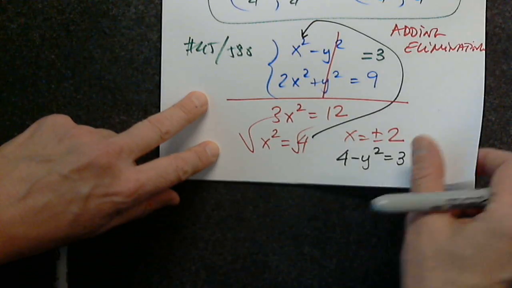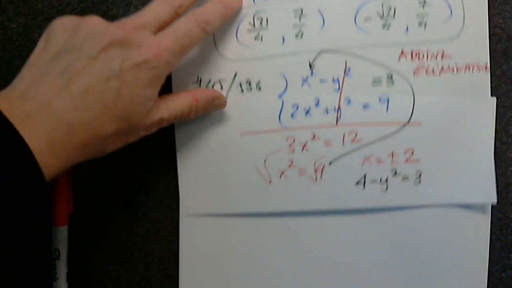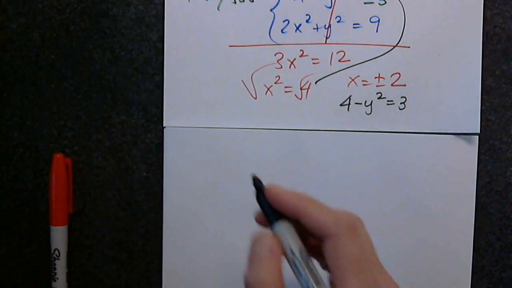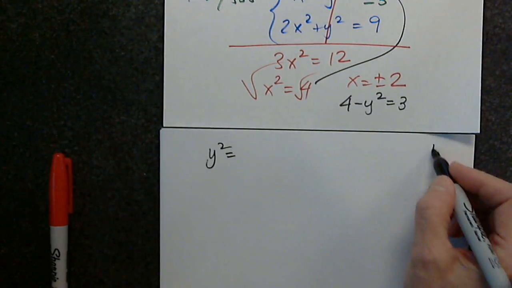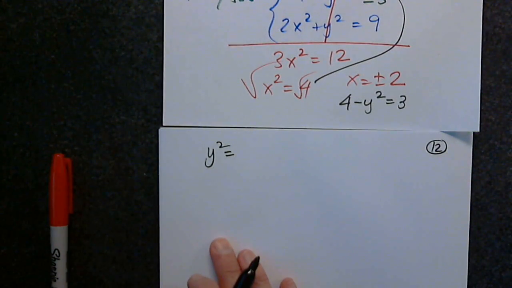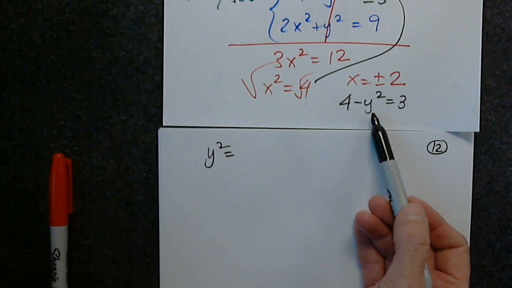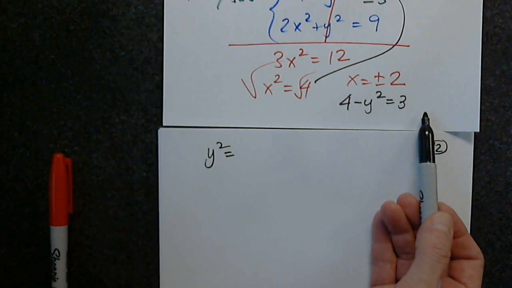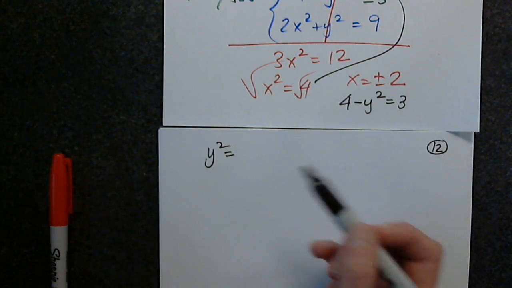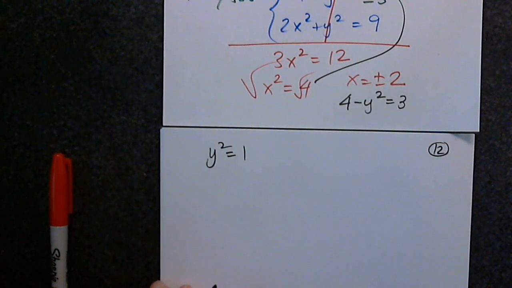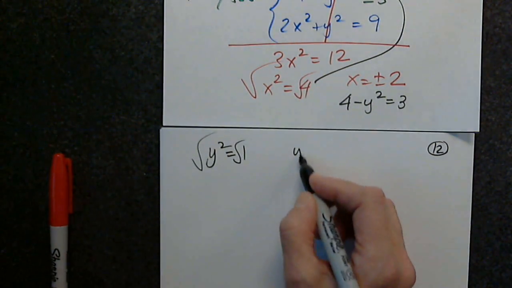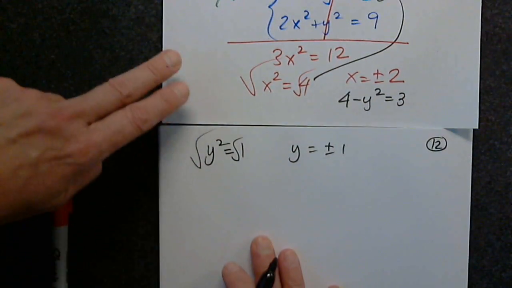Therefore, y squared must be how much? If 4 minus y squared is 3, y squared must be 1. Then we take the square root, and we get y equals plus or minus 1.